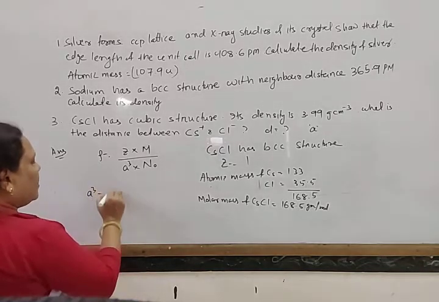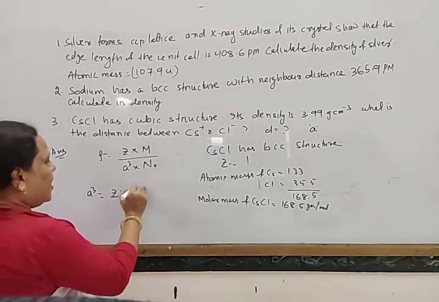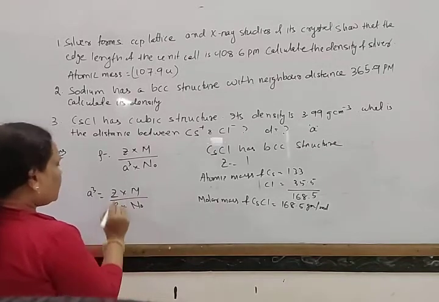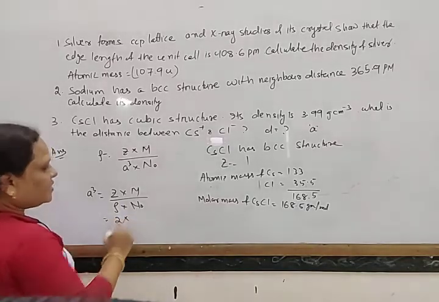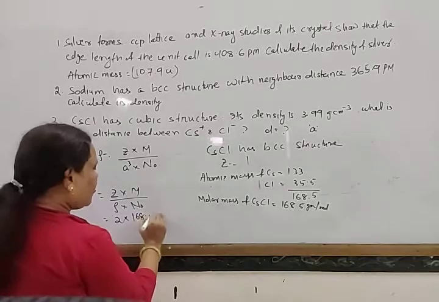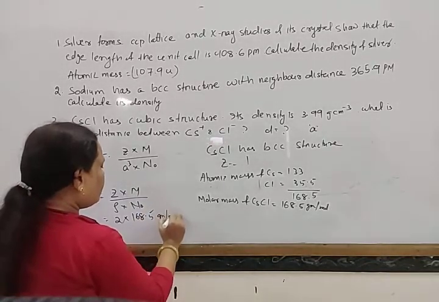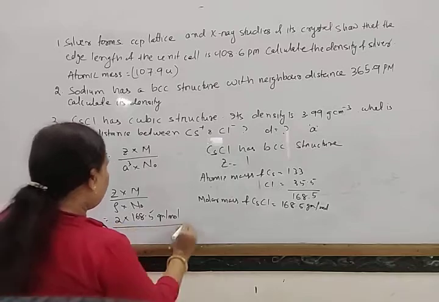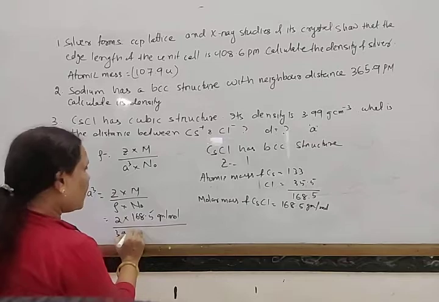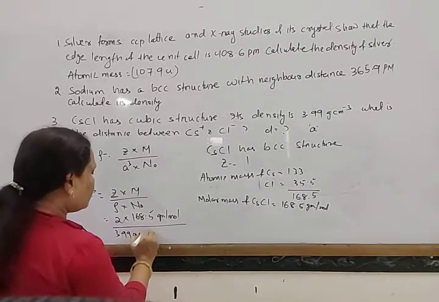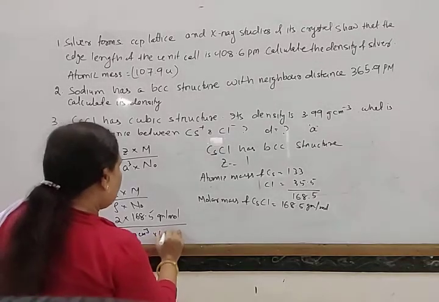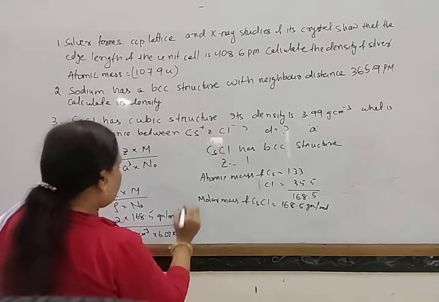So A cube equal to Z into M by rho into N naught. The Z value for BCC is 2. M value is 168.5 gram per mole divided by rho value given, 3.99 gram per centimeter cube, and N naught 6.02 into 10 to the power 23.